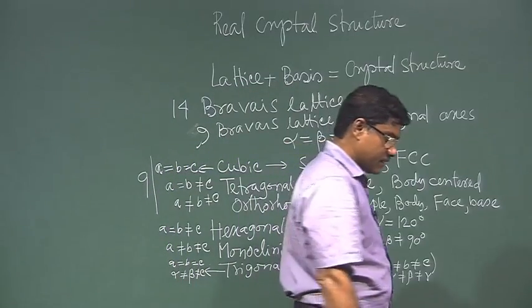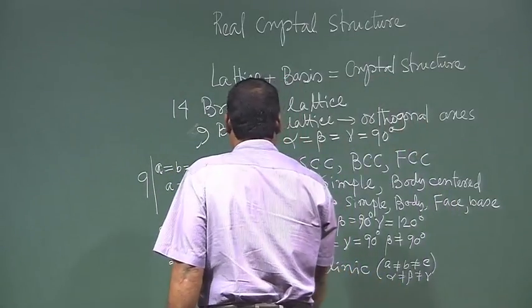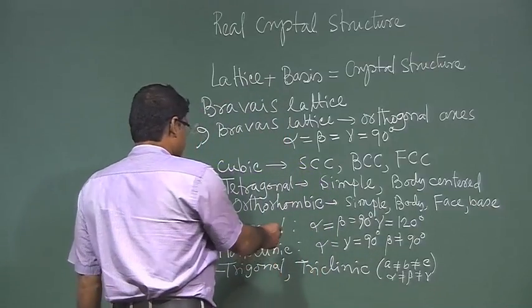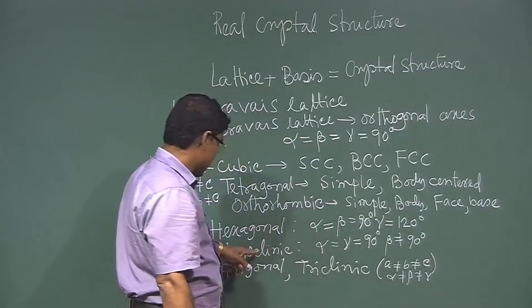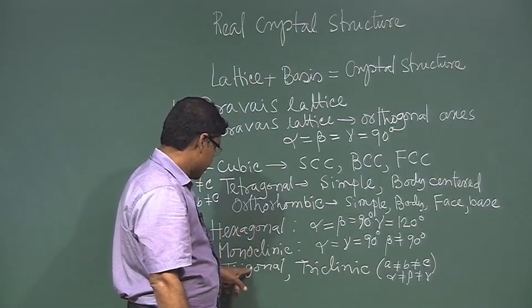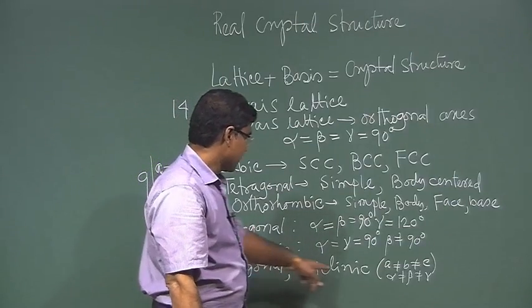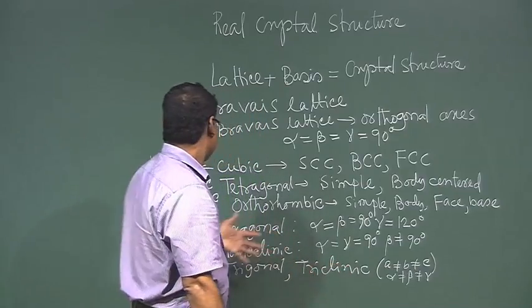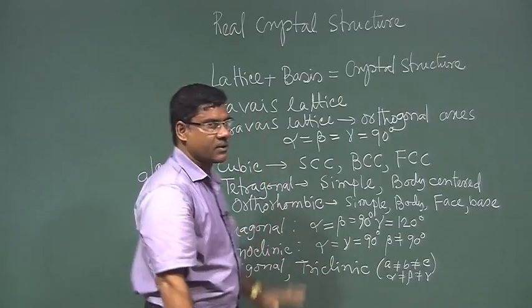So, basically hexagonal simple is 1, monoclinic simple and base centered make 3, triclinic simple is 4, and trigonal simple is 5. So, total 5 plus 9 is 14 Bravais lattices.